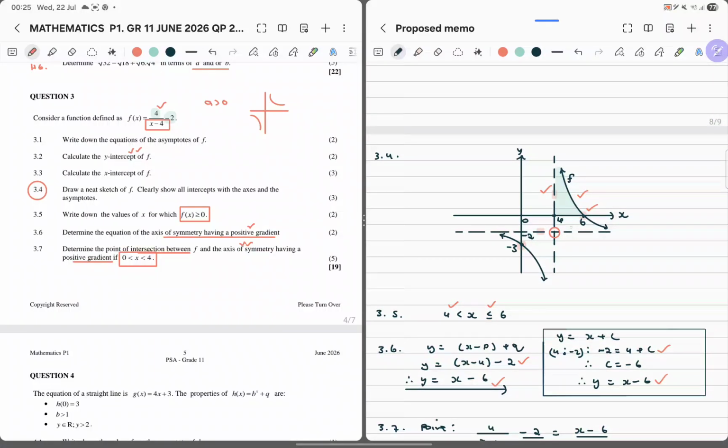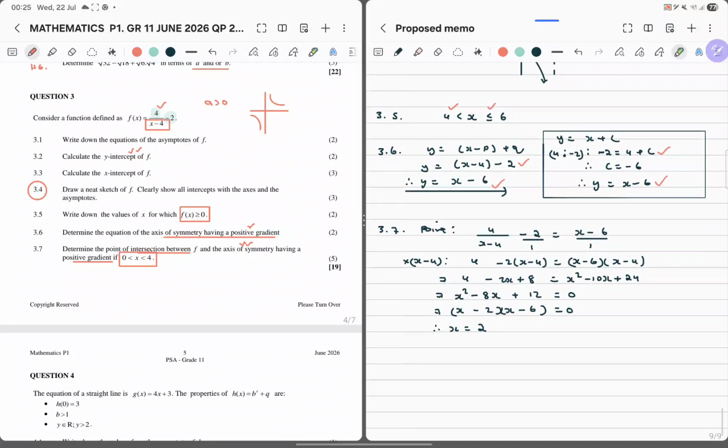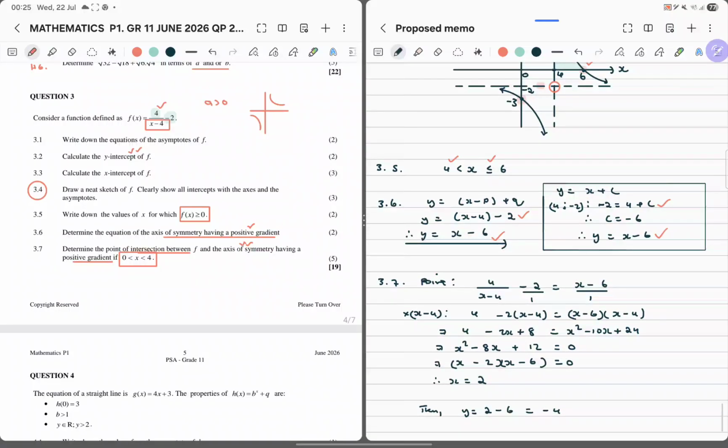So this means this line is doing stuff like this. So we want this point over there. All right, so cool. Now we can substitute. We know that y is going to be equal to x minus 6, which is 2 minus 6, which is equal to minus 4. Didn't we see it?